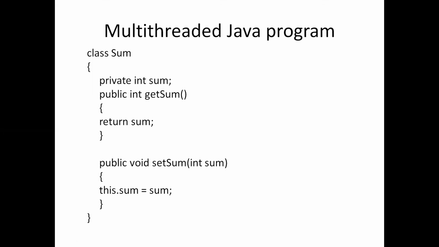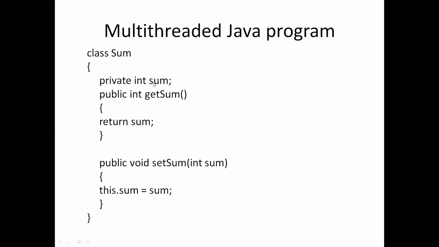Here the instance variable is sum, and here the local variable is also sum. Both the instance variable and the local variable have the same name. In order to access the instance variable we use the this operator.